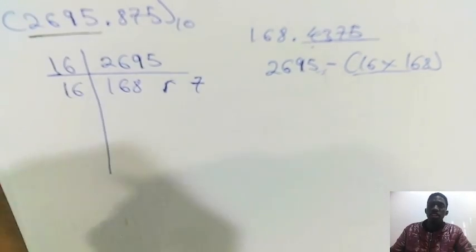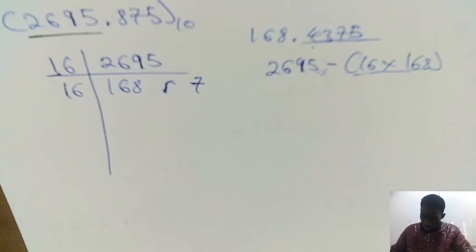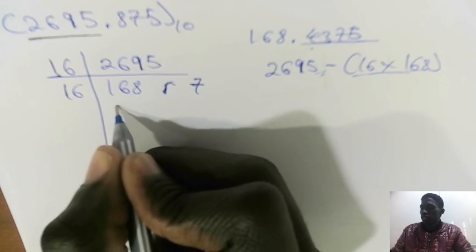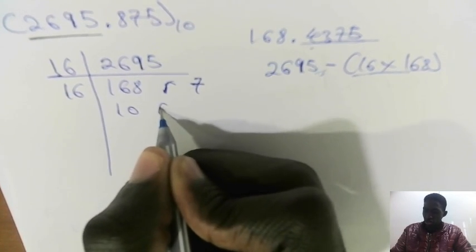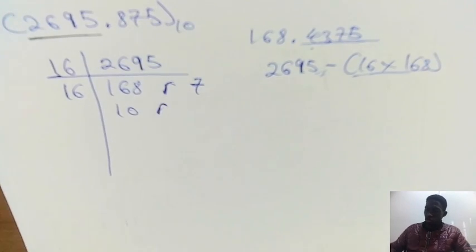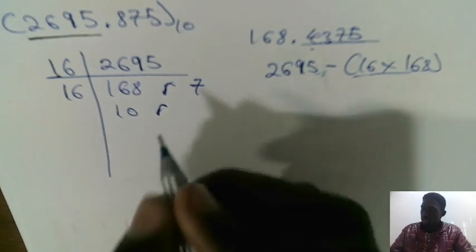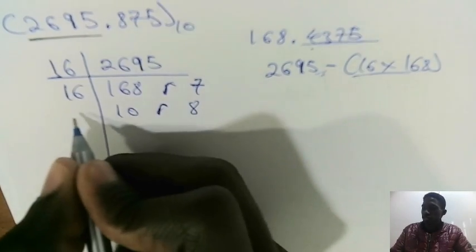We do the cycle again, divide by 16. On your calculator, it gives you 10.5, but we know that the answer is 10 remainder something. The remainder is just 168 minus 16 multiplied by 10. That's 8. 8 is your remainder.